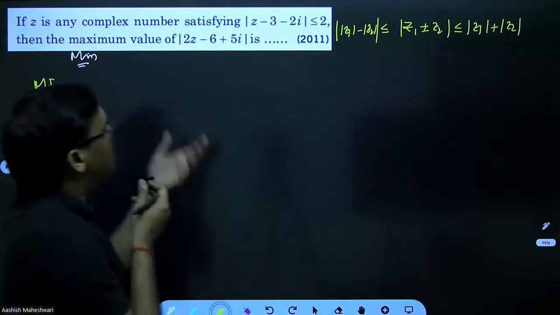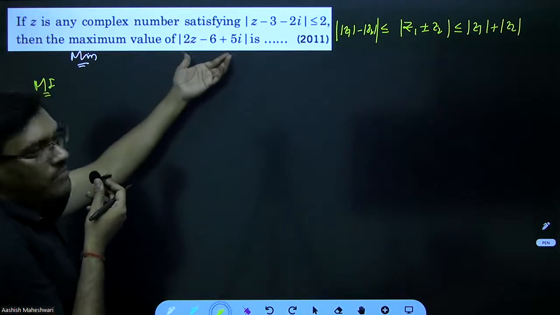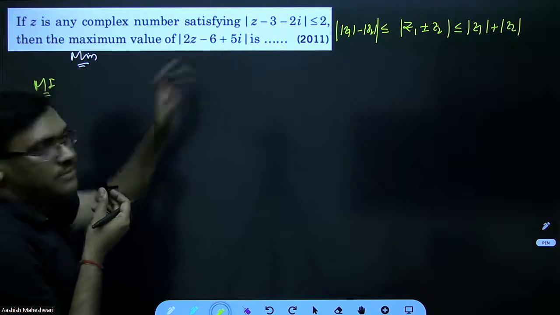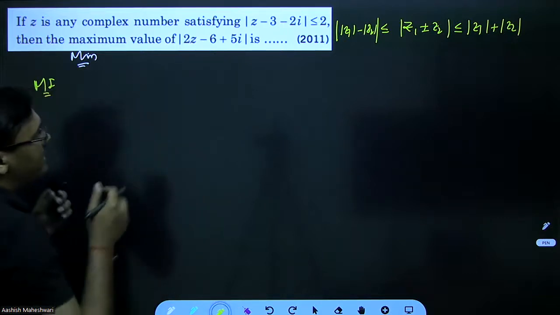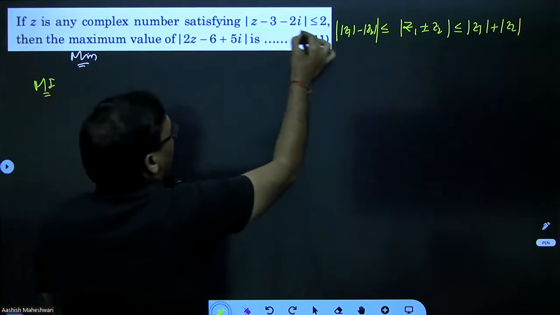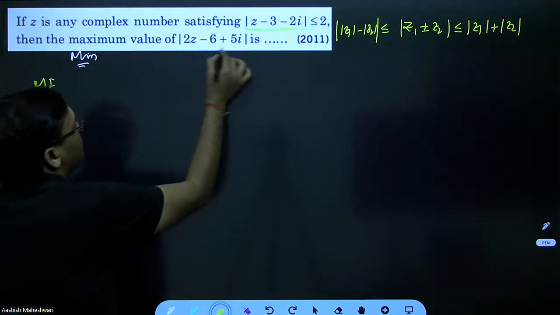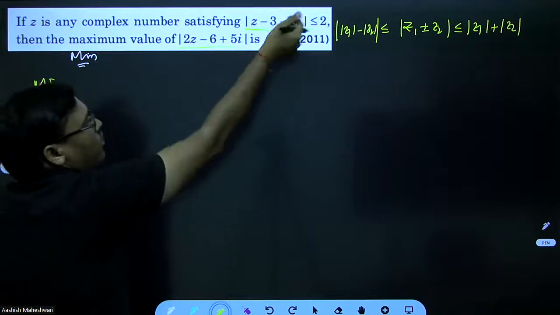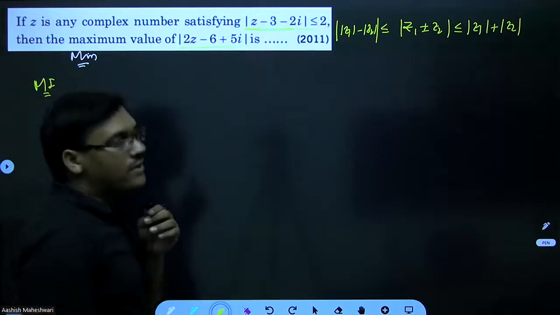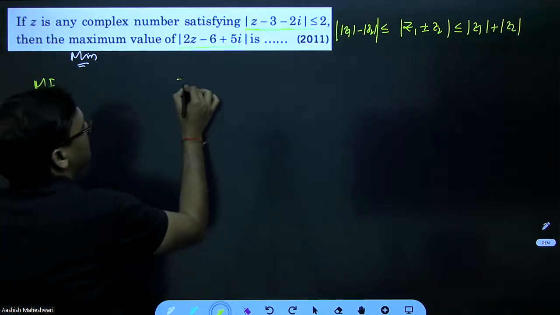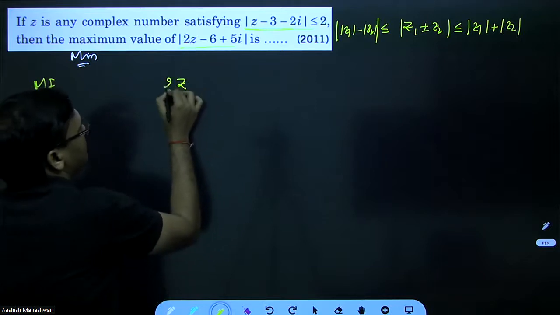So we have to find the maximum and minimum value of this modulus of 2z minus 6 plus 5 iota. The condition is given on this complex number z minus 3 minus 2 iota. So I can convert this expression into that form.